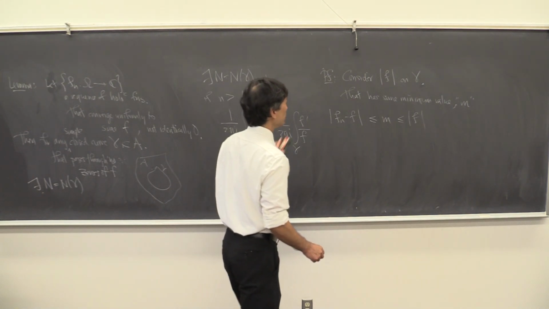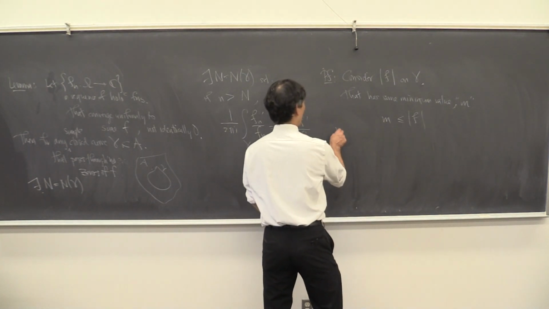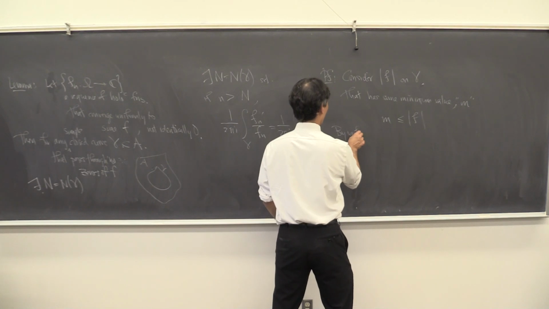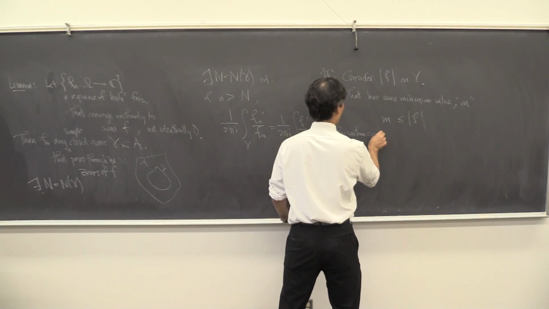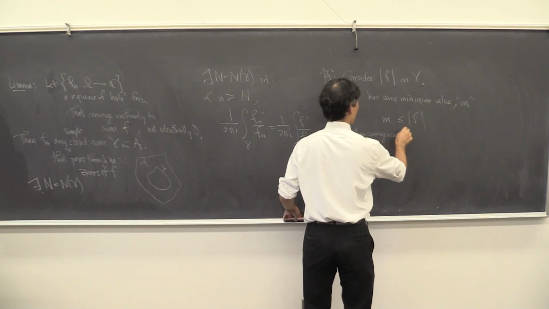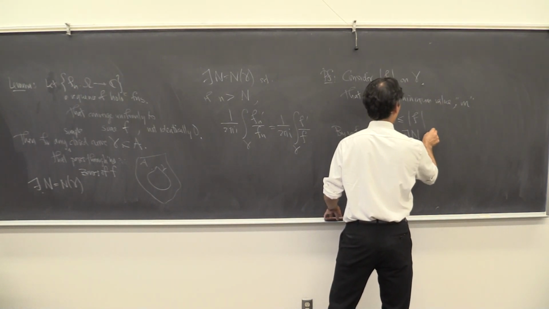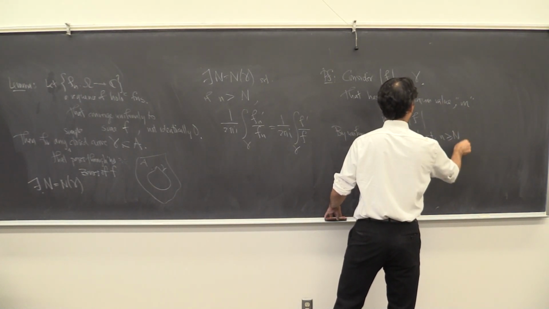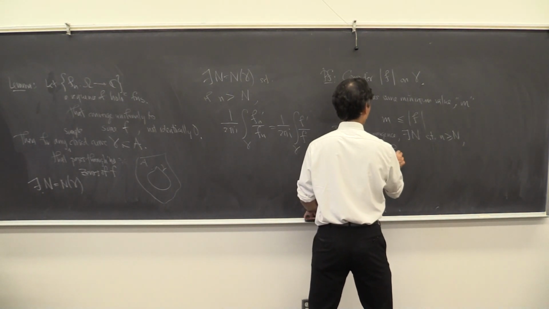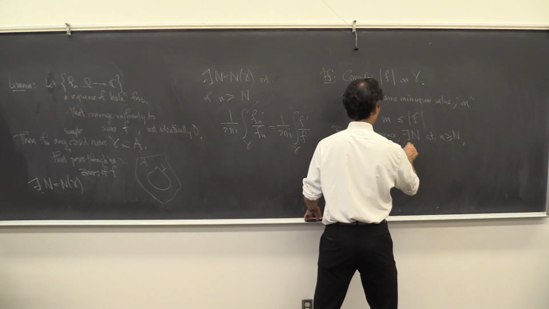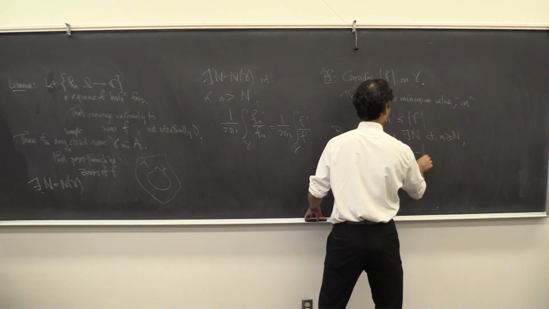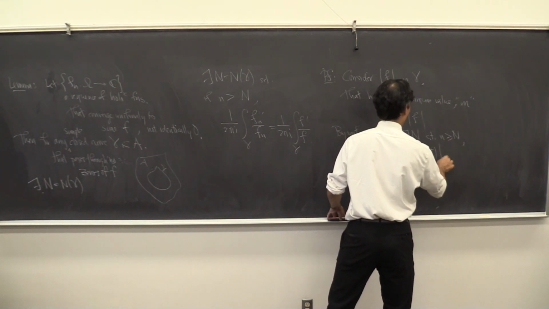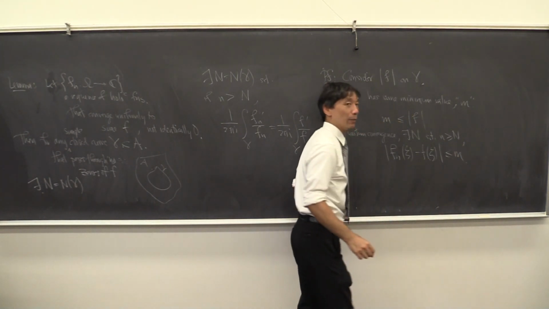So by uniform convergence, there exists an N such that as long as you're past that, the distance between f sub n and f is going to be smaller than that minimum value.